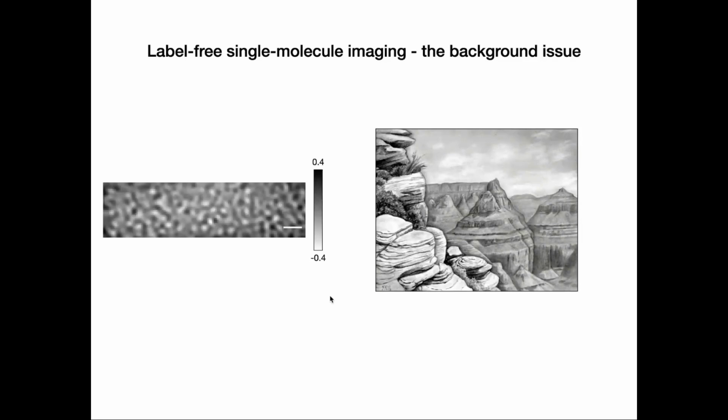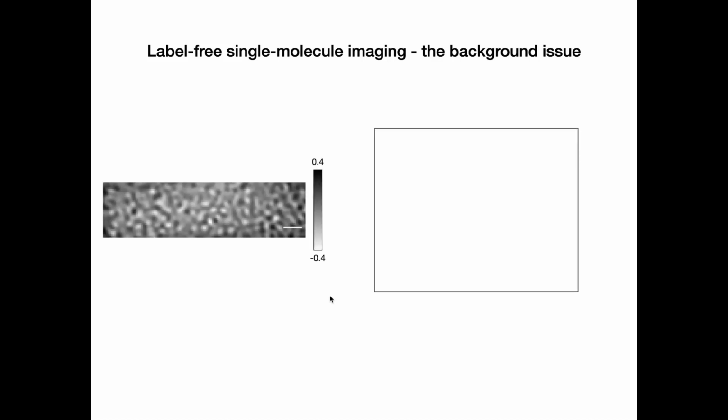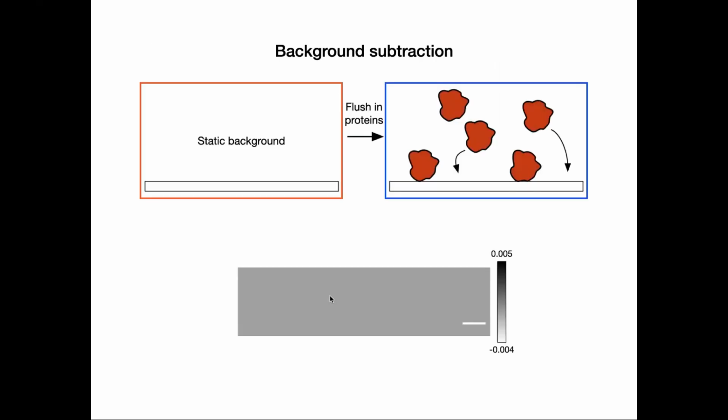But you can apply an image processing trick. If I just remove everything from the image that is there before the stone hit the image, then in the differential image, it's really easy to see this spot afterwards. And this is exactly what we use to detect the molecules in mass photometry.